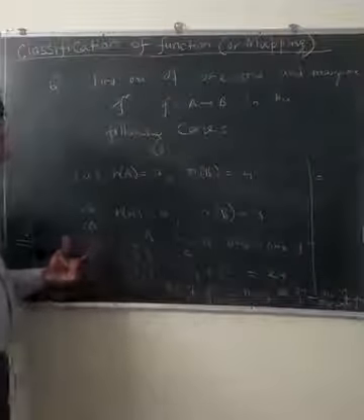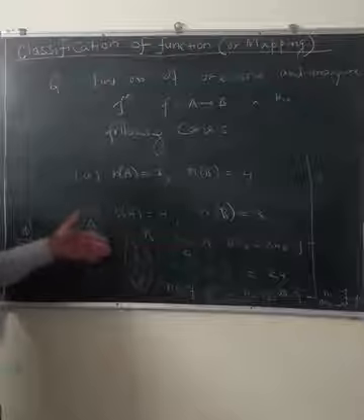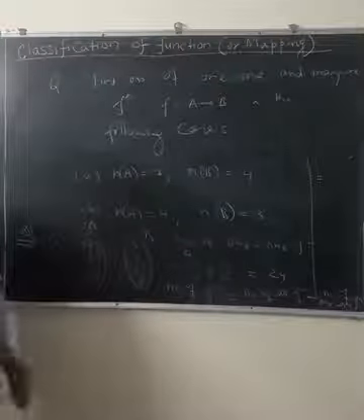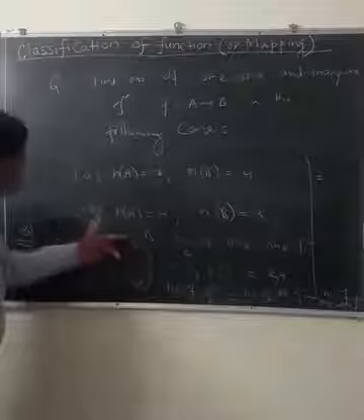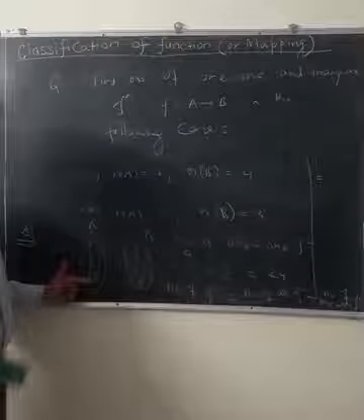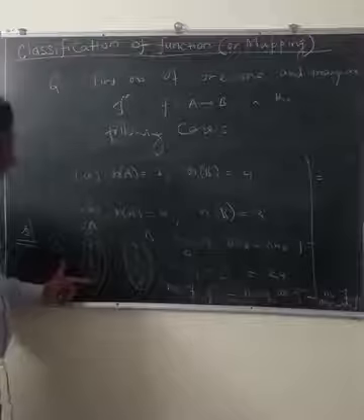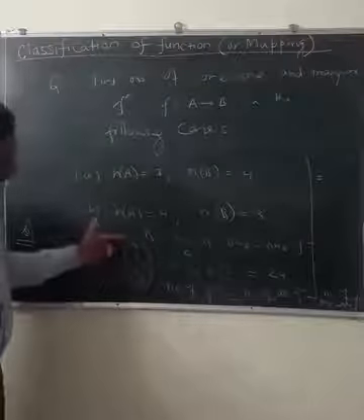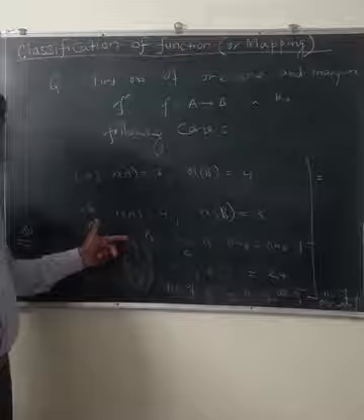For a function to be many-one, I have to arrange these objects in these places. We can repeat the objects. So it can be arranged in how many ways?